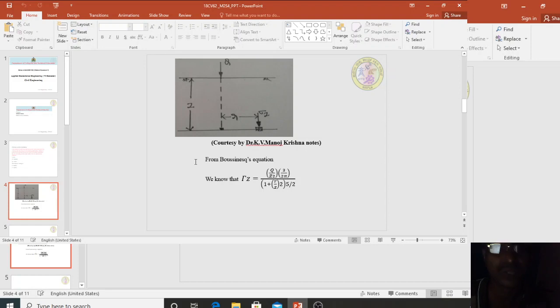So from Boussinesq's equation we know that sigma Z is equal to Q by Z square into 3 by 2 pi divided by 1 plus (r by z) whole square, whole to the power 5 by 2.